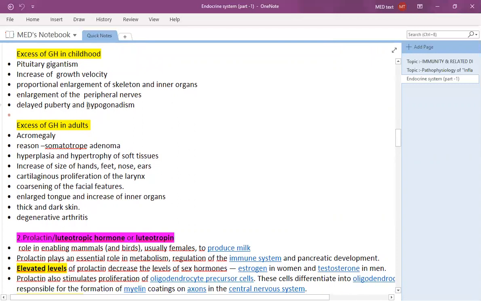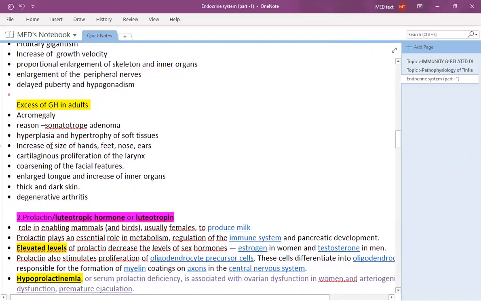So, the reasons of acromegaly include somatotropic adenoma. So it's caused because of pituitary adenoma. It's a tumor in the pituitary gland. All right.